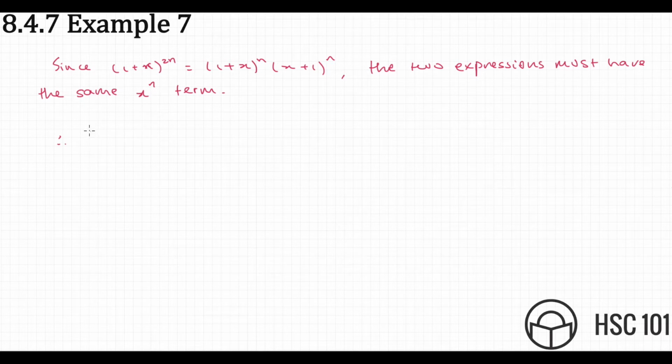Which is why 2nCn is equal to nC0 squared, which is also 1 squared plus nC1 squared plus nC2 squared plus dot dot dot all the way to nCn squared. So that's how we equate the coefficient to prove that.